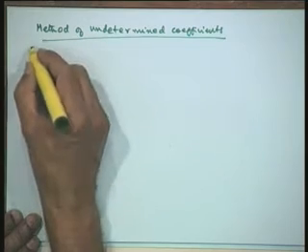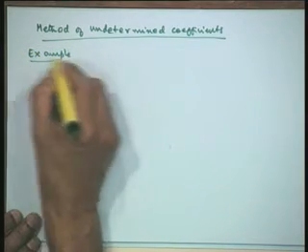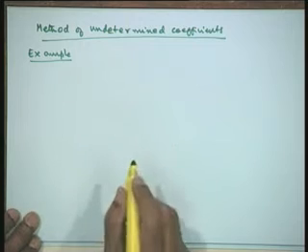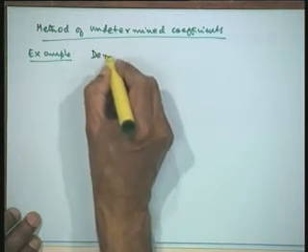Now, I will take two examples. Let me first take an example of a formula which we know already. So, derive the quadrature rule.